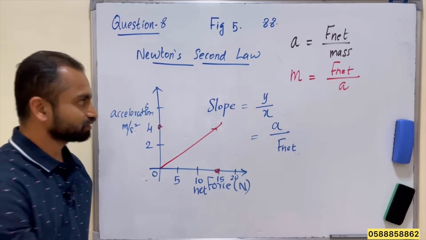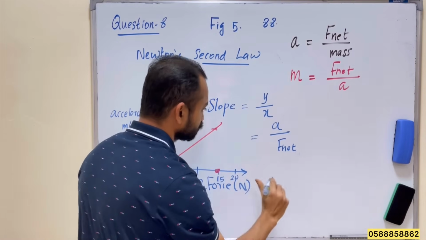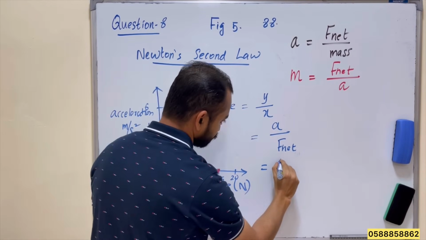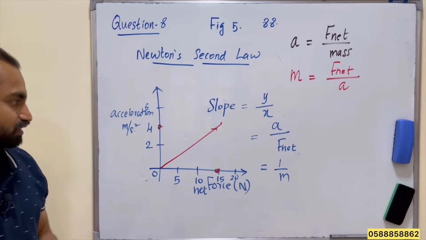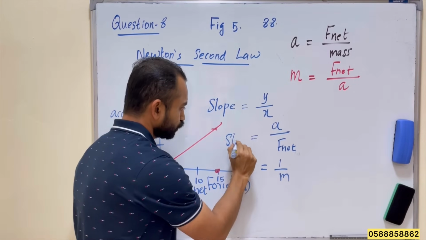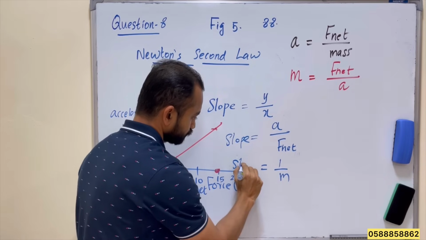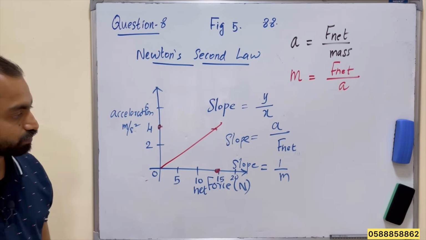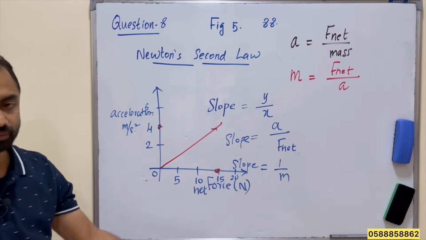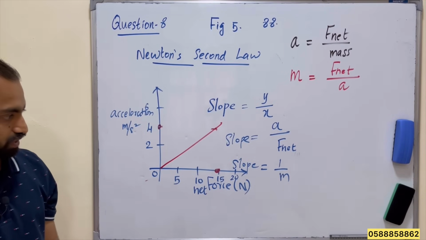If you invert m, it will become 1 by m. So what is the slope of the graph? The slope of the graph is equal to 1 divided by the mass of the object.